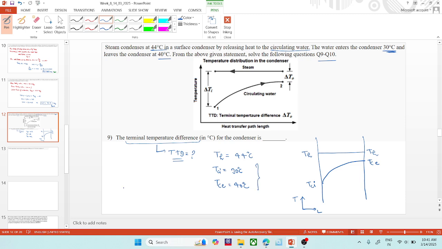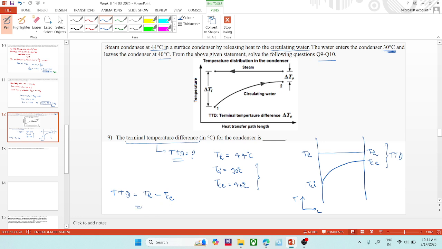Okay. So we know that the TTD is the temperature difference of the hot and cold streams at the exit. So TTD would be TH minus TCE. Basically, this temperature difference would be the TTD.